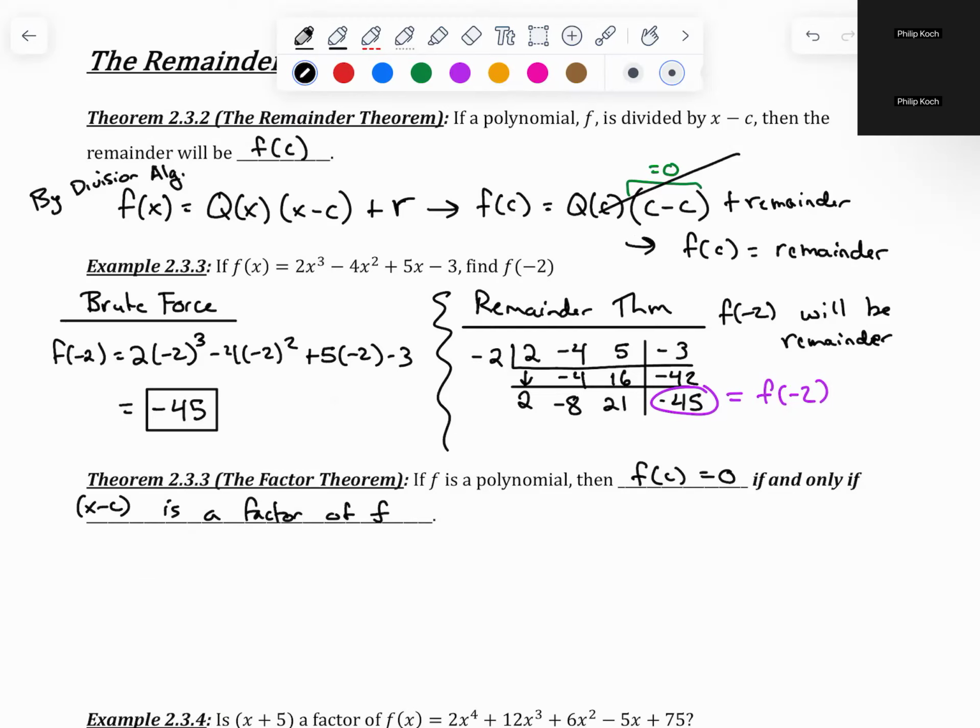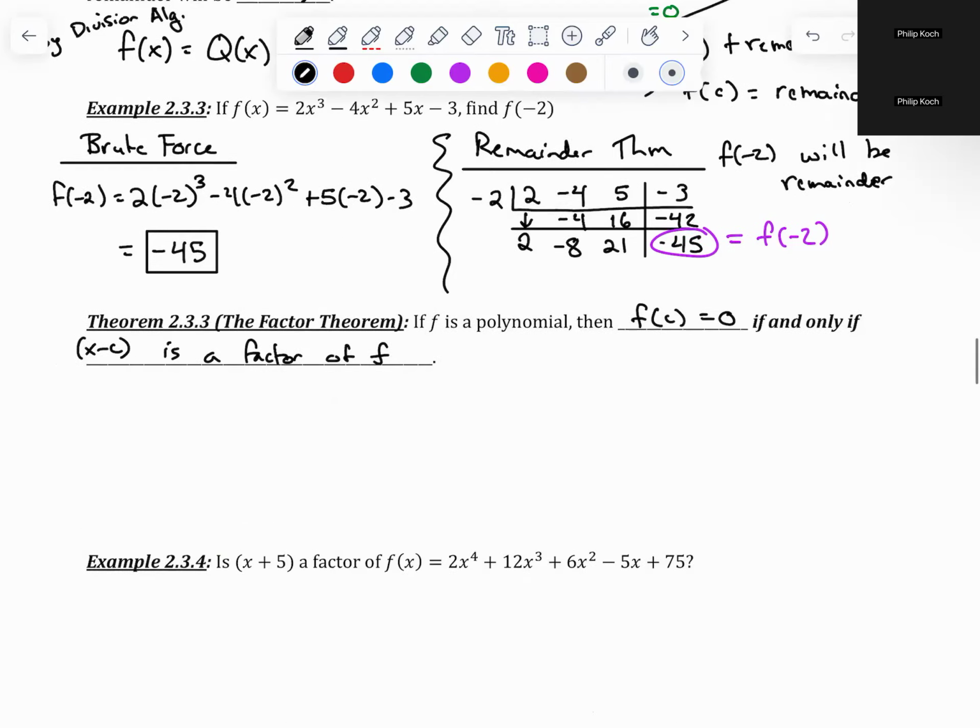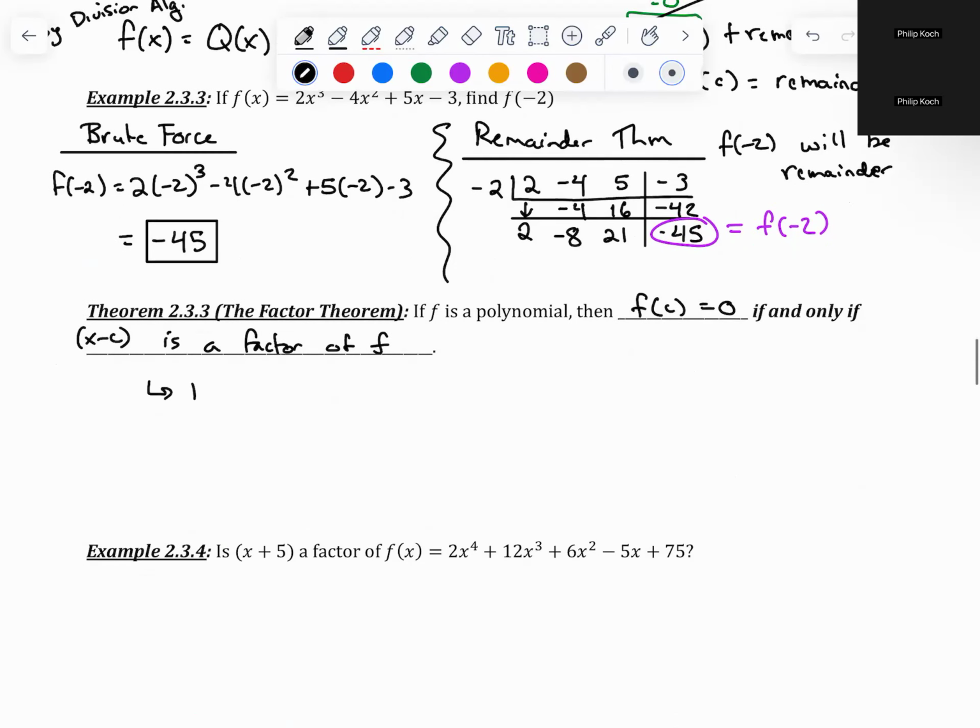X minus c being a factor implies that f of c is equal to 0. That might seem inherently clear, but it's a very, very important theorem. What it's telling us is that the zeros make up the factorization of the polynomial. This tells us the zeros or roots form the polynomial.